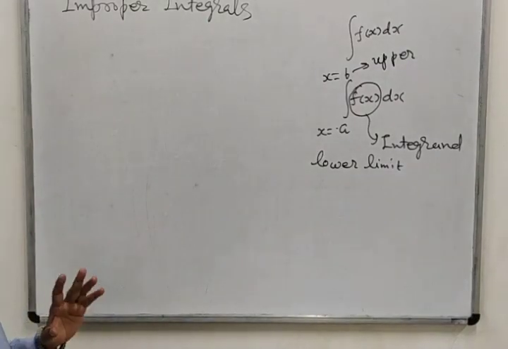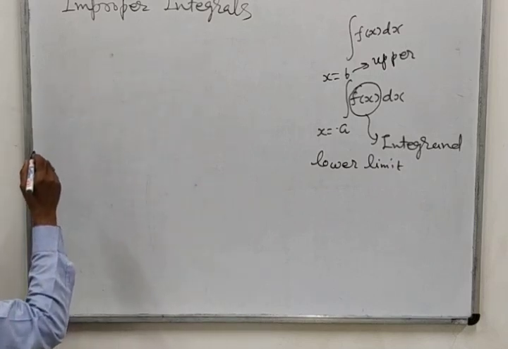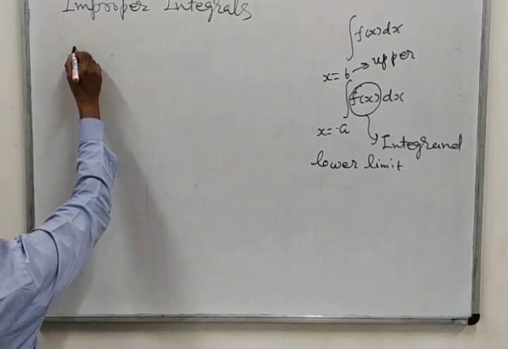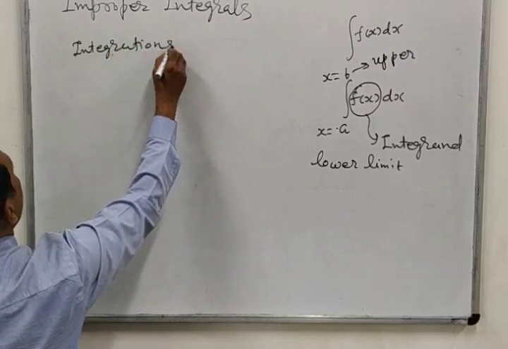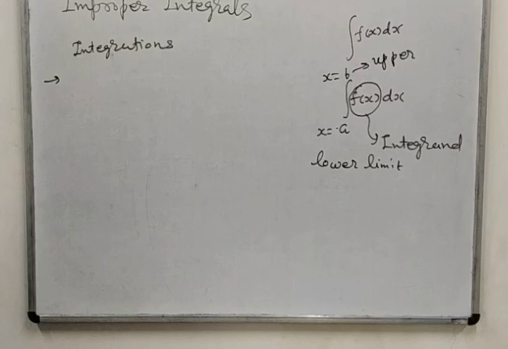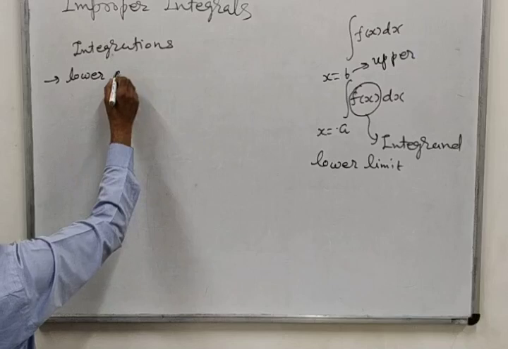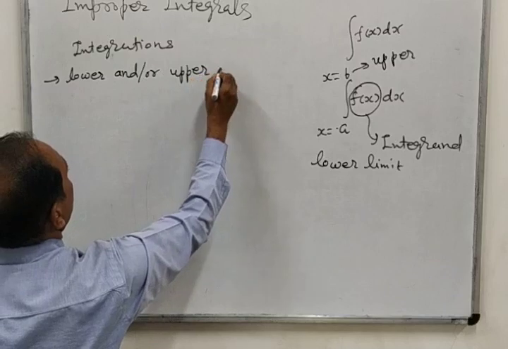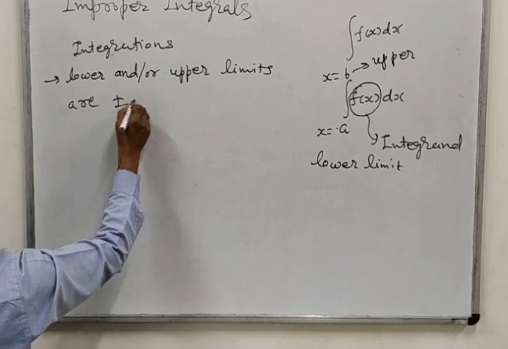Here we want to study about an improper integral. So let us see what an improper integral is. An improper integral means the integrations in which the lower and/or upper limits are plus or minus infinity.